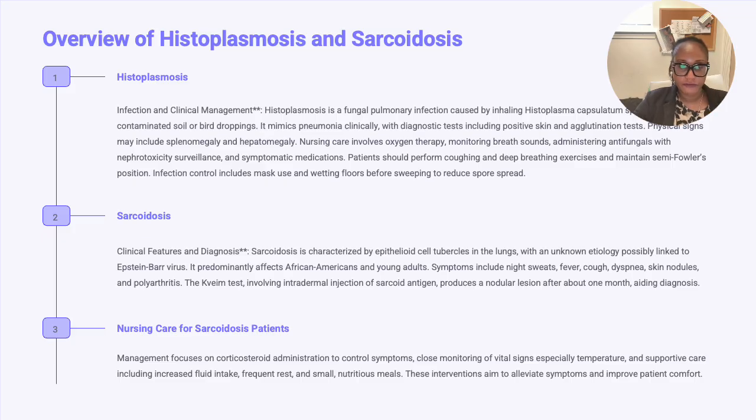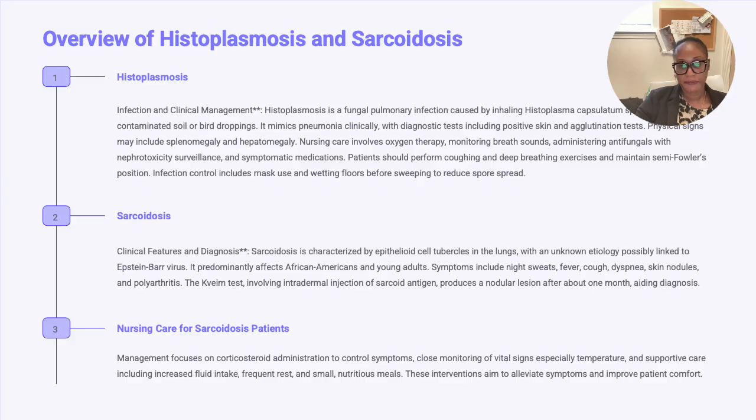So clinical features and diagnosis for sarcoidosis is characterized by, as I mentioned before, the epithelioid cell tubercles in the lungs, with an unknown etiology possibly linked to Epstein-Barr virus. And I already mentioned it's predominant in African Americans and young adults.